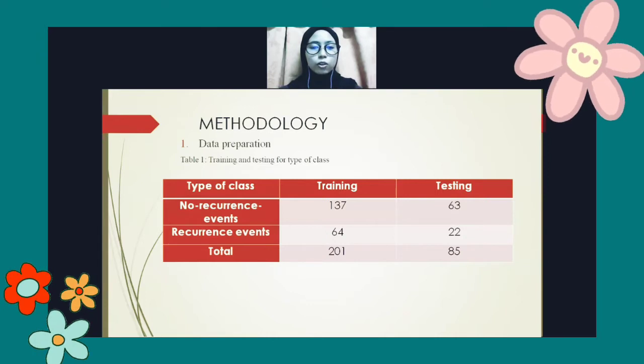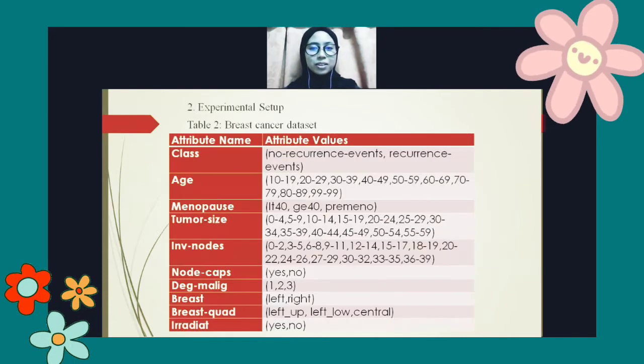It has two types of classes, which is the target: no recurrence events and recurrence events. The total for training is 201 instances, while the total for testing is 85 instances.